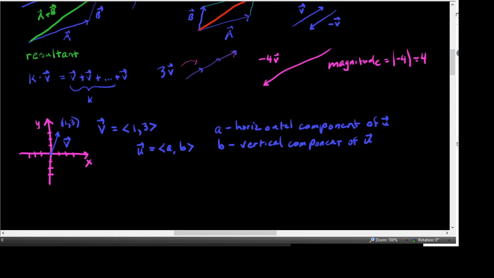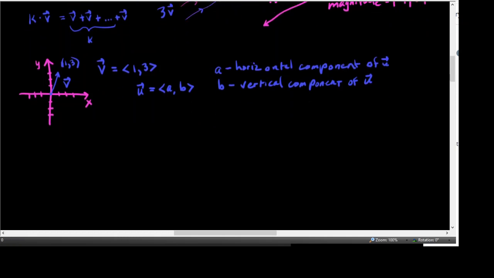Now, if you think about something in standard position like that, like 1, 3, how would we find its magnitude? Well, the magnitude, of course, is the length of that vector. And so it's obviously the distance between the terminal point and the initial point.